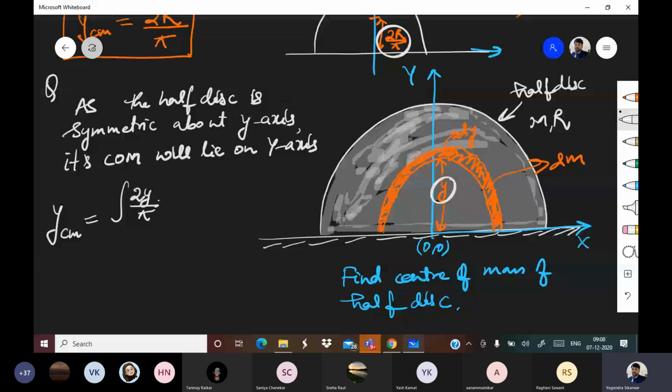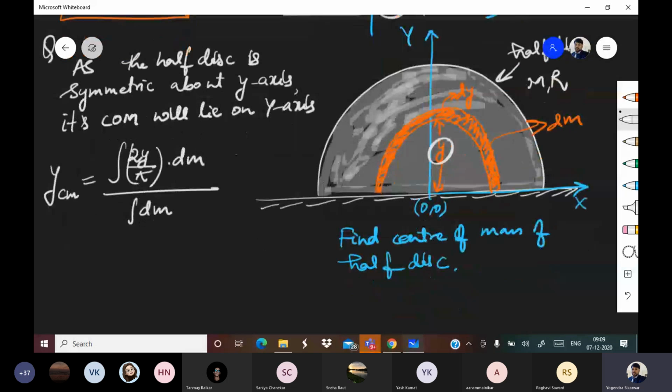So 2y upon pi into dm upon integration dm. Integration dm will be capital M. So YCM comes out to be 2y upon pi, because 2y upon pi is the center of mass of the considered ring. Now comes the next part: how much is the value of dm?